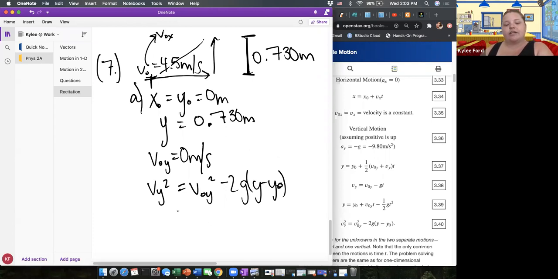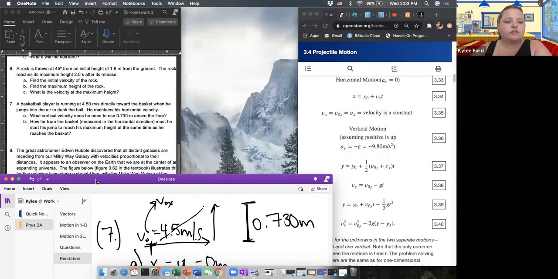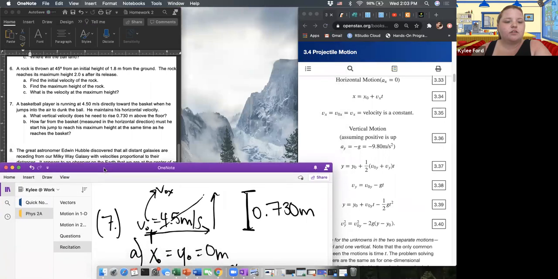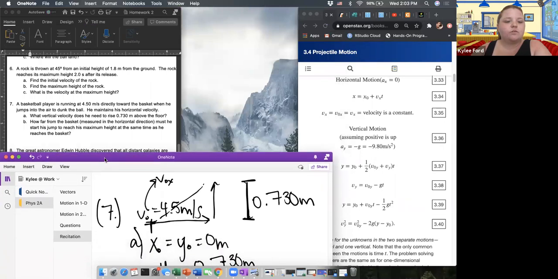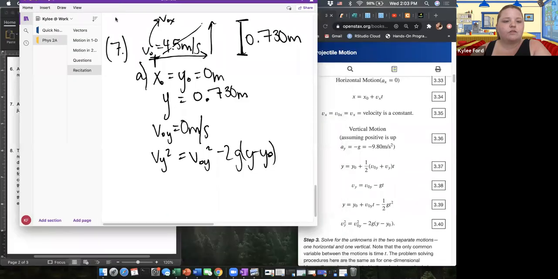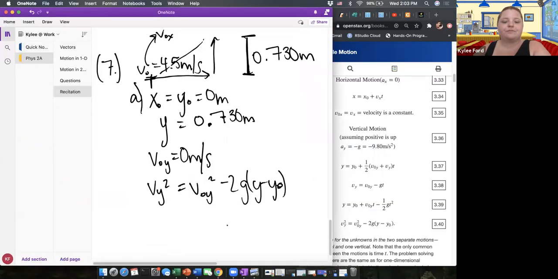All right. So my velocity, is it asking for maximum or no? No. All right. Okay.